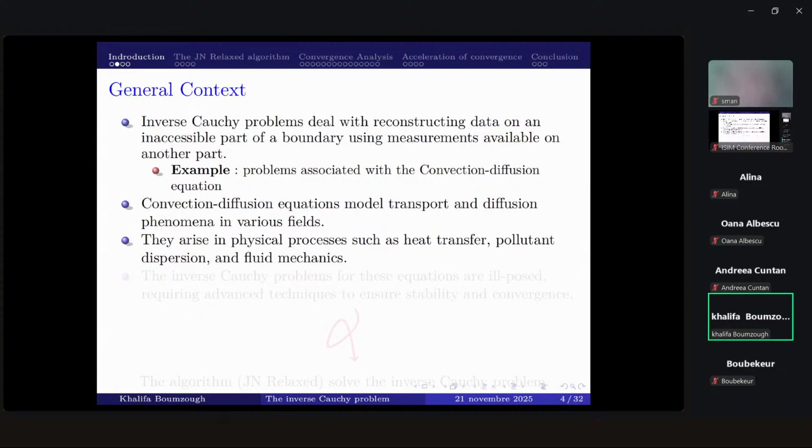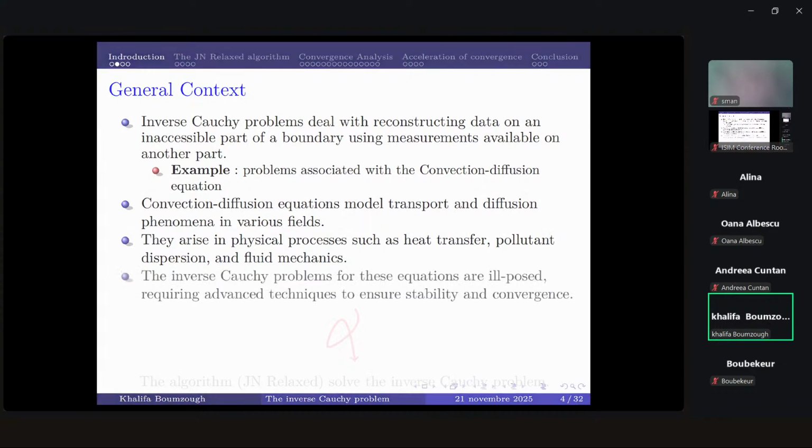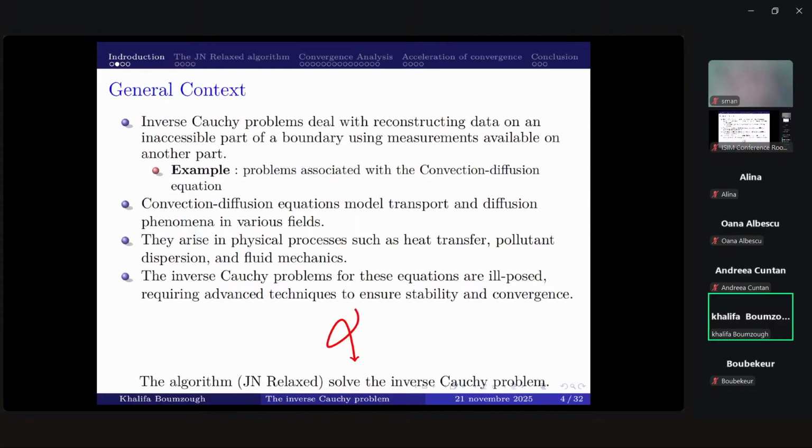They arise in physical processes such as heat transfer and fluid mechanics. The inverse Cauchy problems of this equation are ill-posed, requiring advanced techniques to ensure stability and convergence. Because of that, we use the GN relaxed algorithm for solving the inverse Cauchy problem.